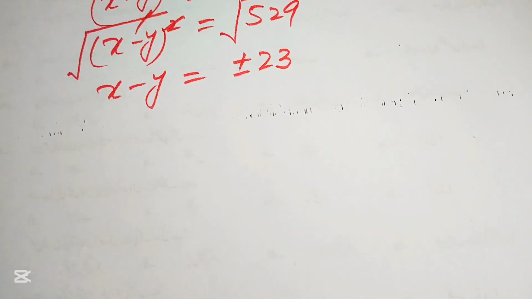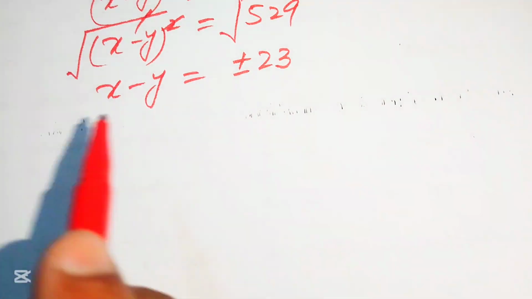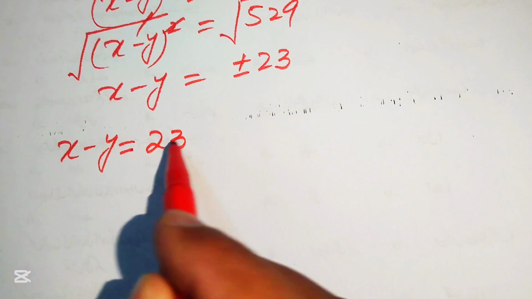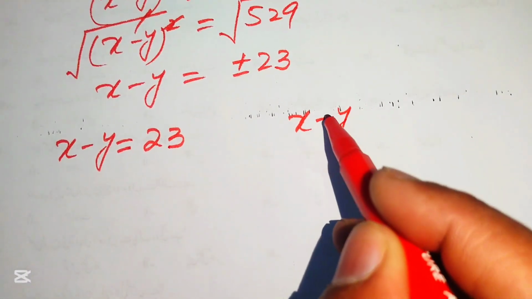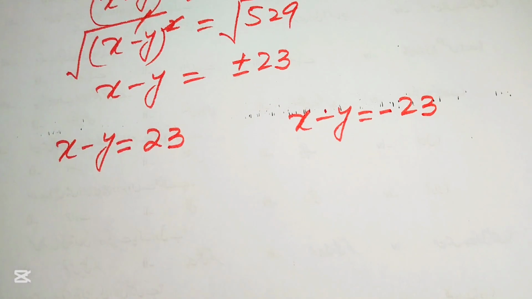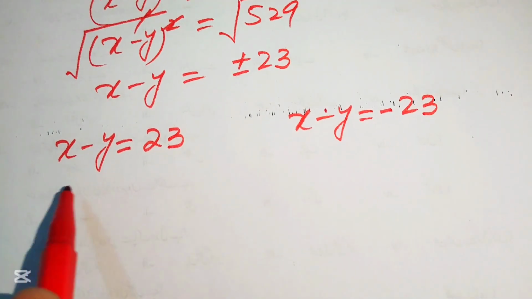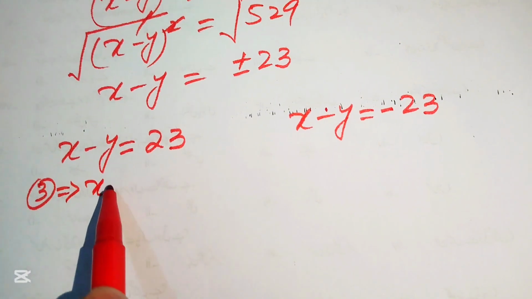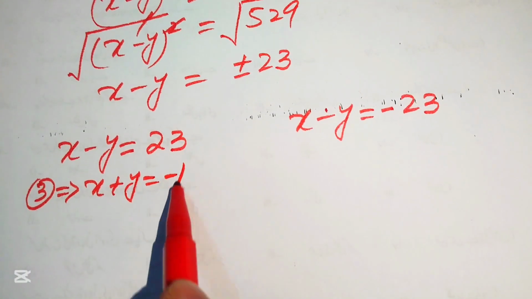Here we break this value: we write the positive value, x - y = 23, and the negative value, x - y = -23. After that we need equation number 3, which implies x + y = -1.